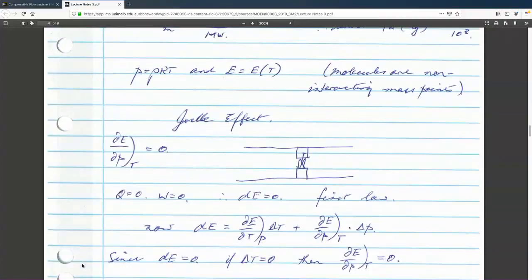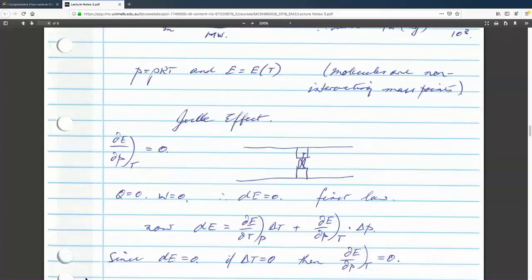I've sketched it here. What did Joule do? You can't imagine how radical this was at the time. You take it all for granted, but it was radical at the time. So this was what became known as the Joule effect. And he's going to prove that dE/dP at fixed temperature is 0. It doesn't depend on pressure. E is only a function of temperature.